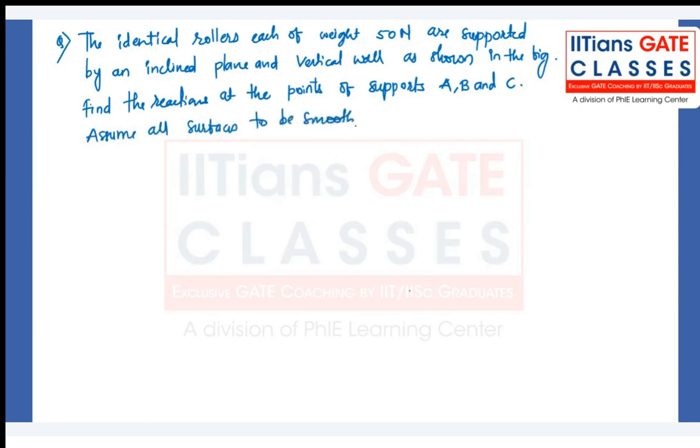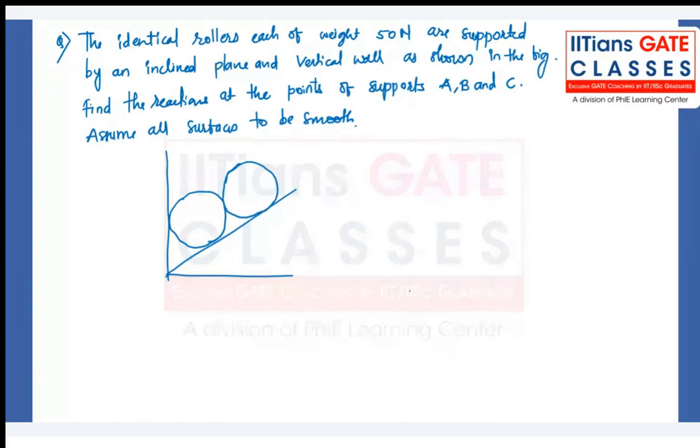Okay, let me draw the diagram. Two identical rollers of weight 50 Newton are supported by a vertical wall and an inclined plane.